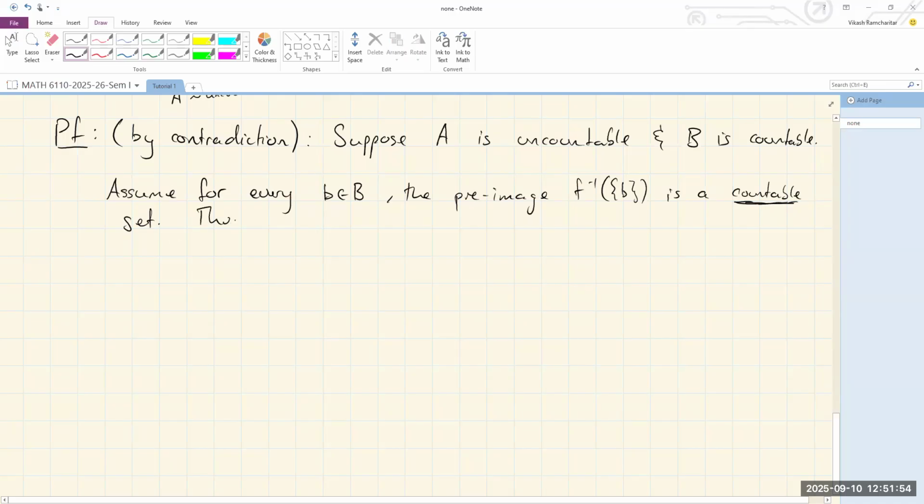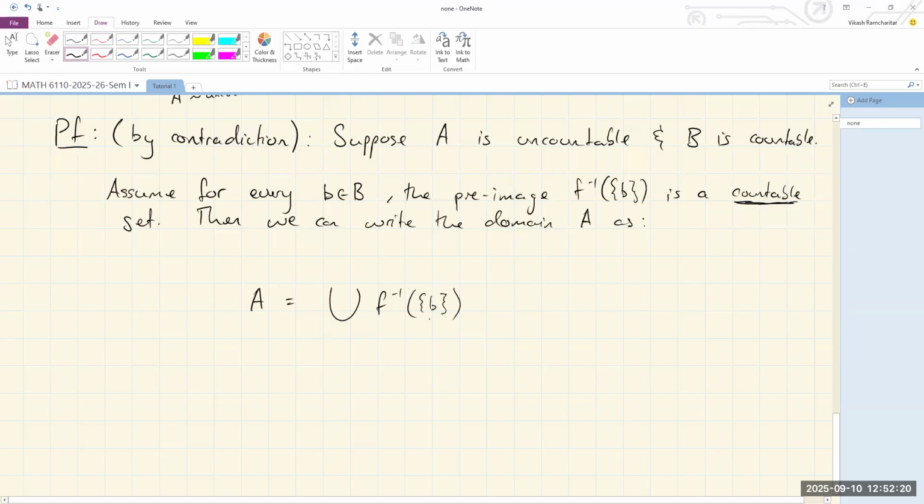So then we can write the domain A as the union of all these pre-images.